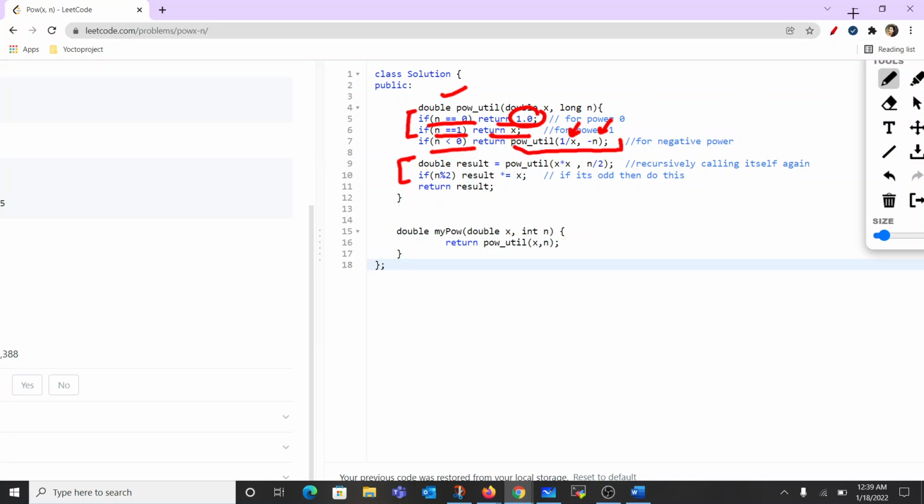This is for when we are doing it for even powers, then we would be simply doing the integral division of the power, and here we are simply doing x into x. Rather than writing x is equal to x into x here, we are simply passing this in this function, and that also works fine.